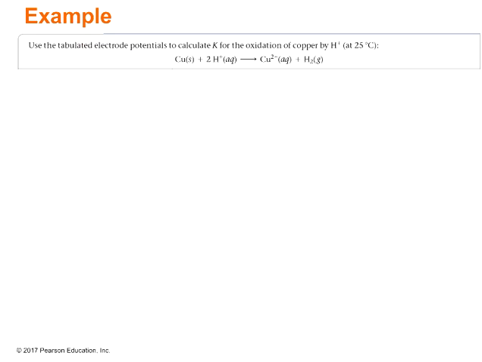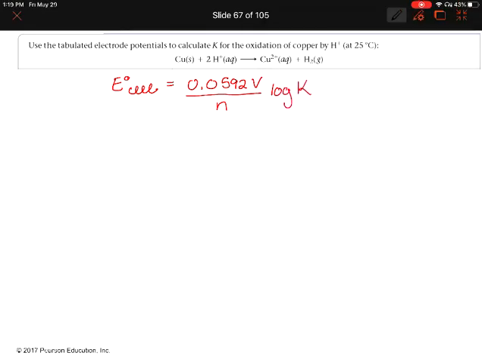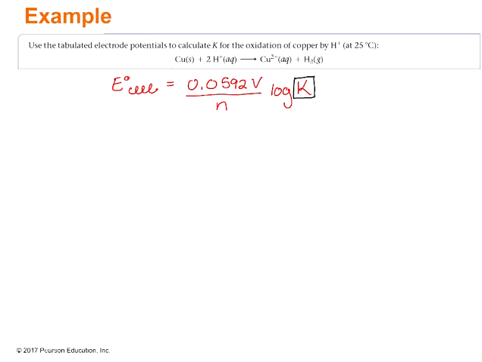All right, and we just saw that we can calculate E cell by setting that equal to 0.0592 volts over the number of electrons that are transferred in a reaction times the logarithm of the equilibrium constant K. All right, so eventually we'll rearrange this equation to solve for K. So if we're solving for K, then we need to determine all of the other variables.